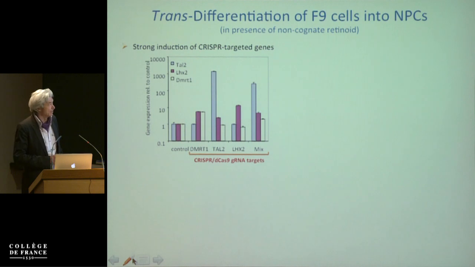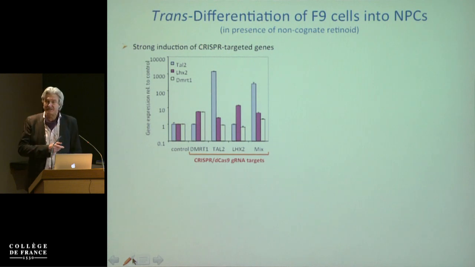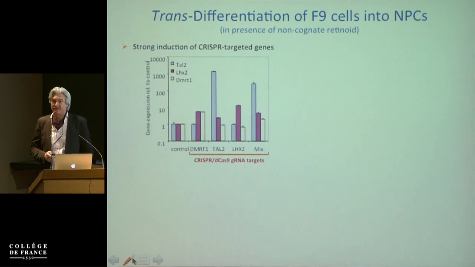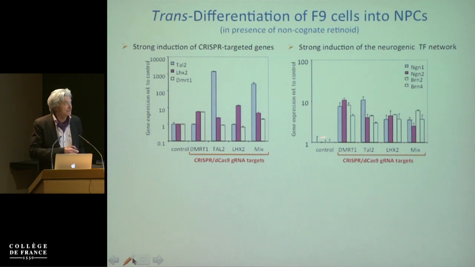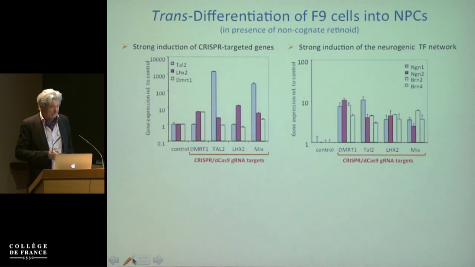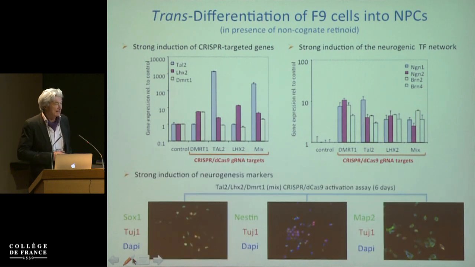And indeed, it worked. So first, we checked whether we can use the CRISPR activation technology and activate the endogenous genes. And you can see with different efficiency, we can discuss if you wish why, that indeed we can activate these genes. And if we look at various markers of differentiation, we can activate indeed with these different factors this pathway.